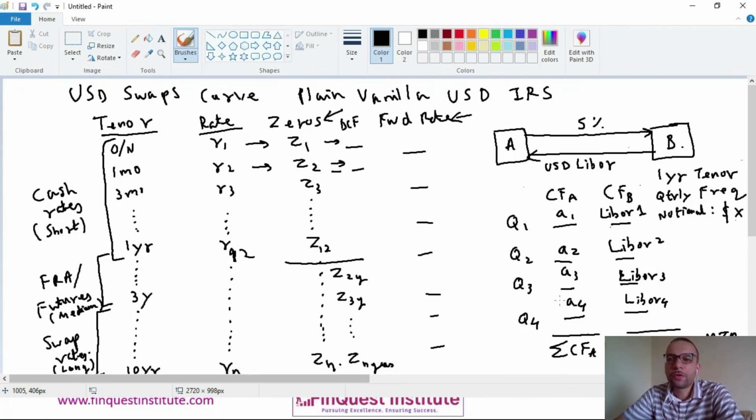However, if we have a contract which requires this frequency to change to say semi-annual, then a small adjustment is required in the overall pricing. This has to do with the fact that the USD swaps curve which is quoted in the market is quoted on a quarterly basis.